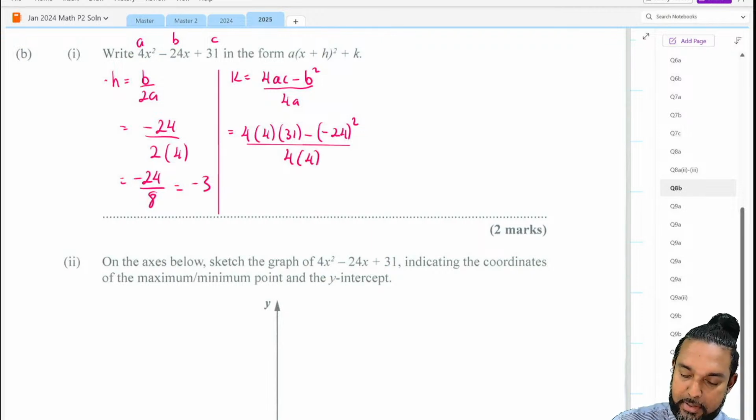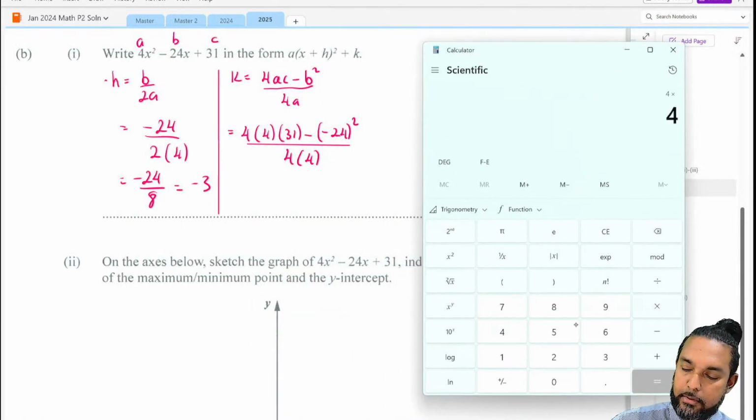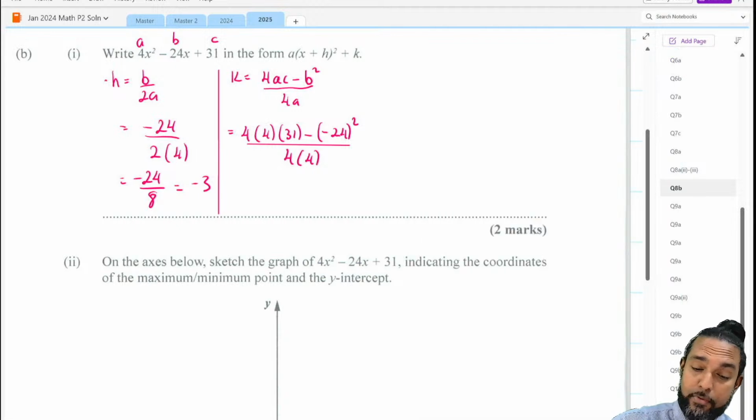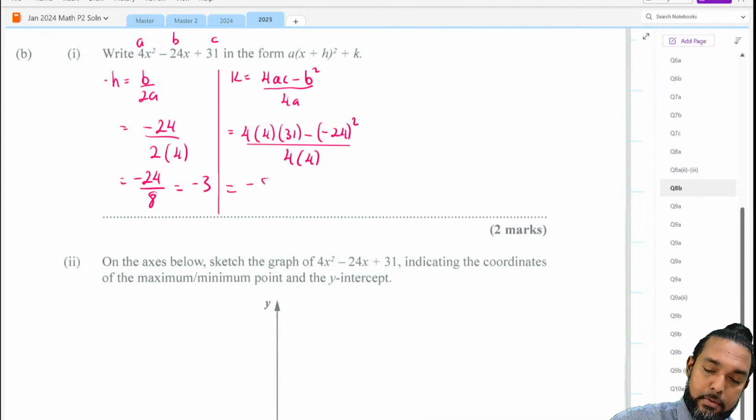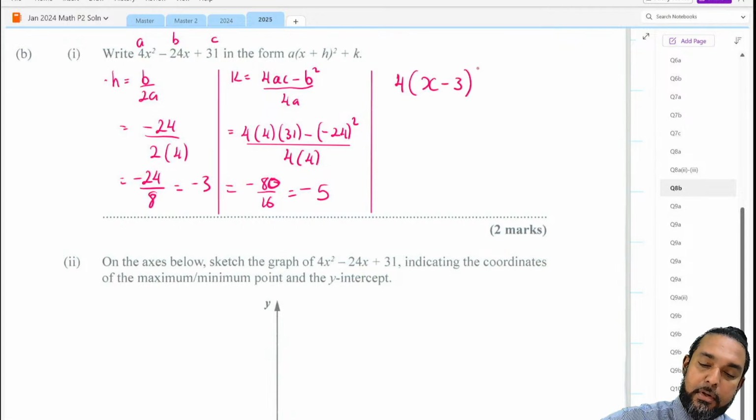We could plug that into a calculator. So 4 by 31 by 4 is 496, minus 24 squared, so minus 80, over 16, so minus 5. So what we're doing here now is 4 as a: 4 times (x plus h) squared minus 5, with h being minus 3, so 4(x minus 3) squared minus 5.